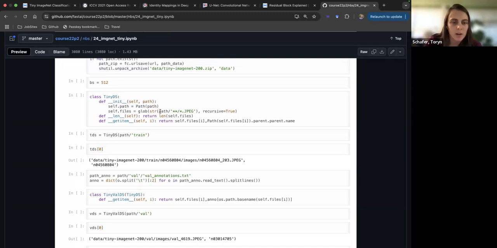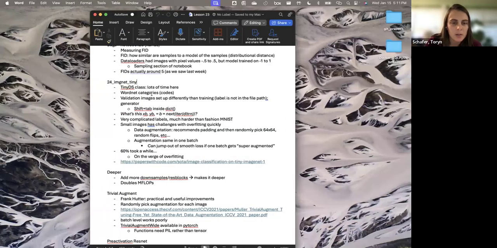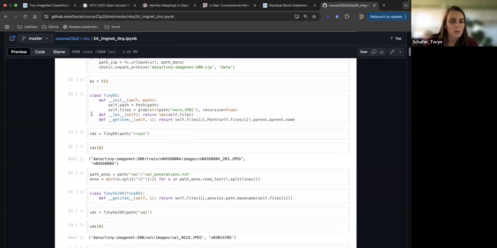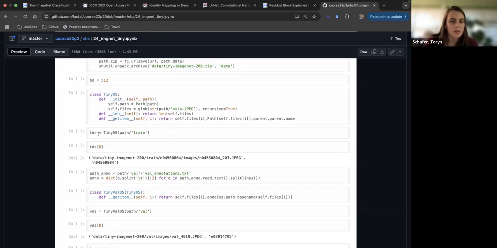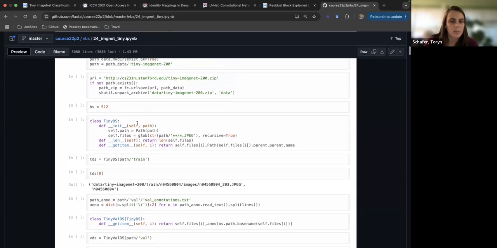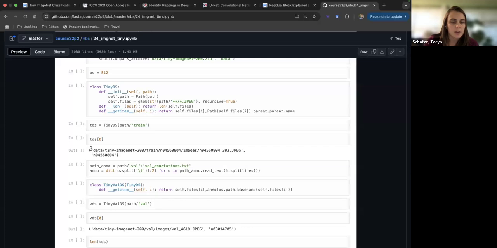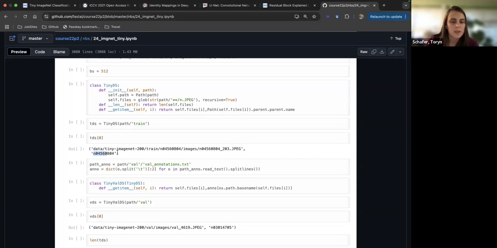Let me see if I had any comments on the link, but not really. And then this is just essentially wildcard matching. So this class, when you give it a path, returns for each index two things: the complete path to that file, and then the label.